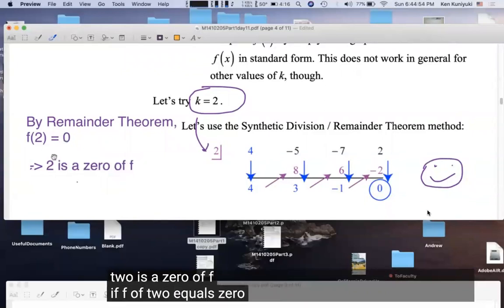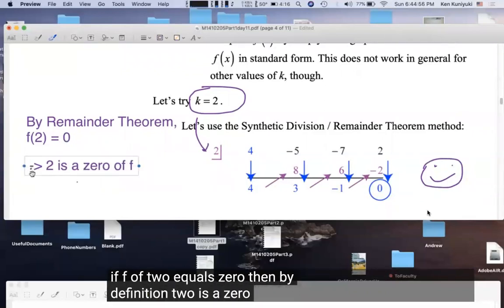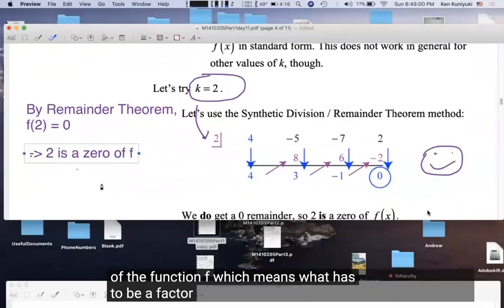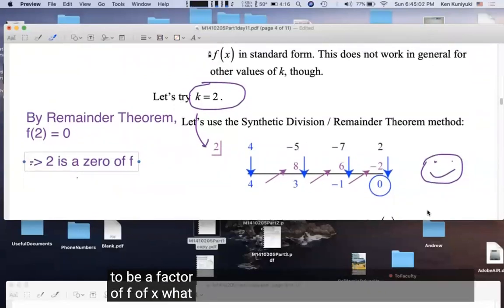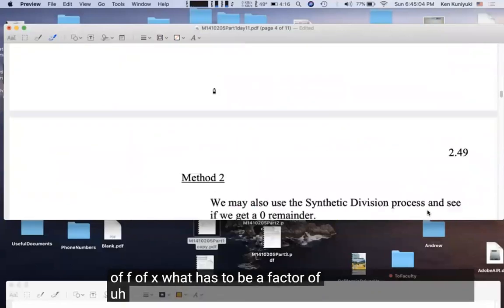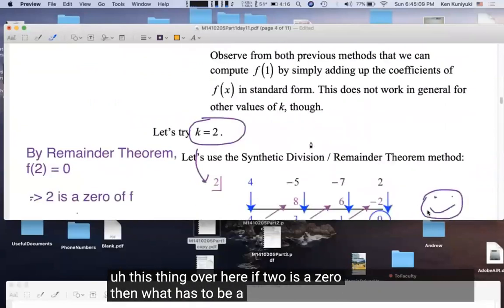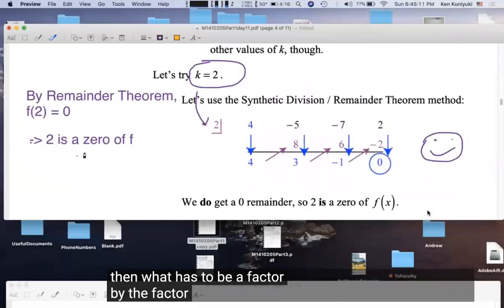If f of 2 equals 0, then by definition, 2 is a 0 of the function f. Which means what has to be a factor of f of x? If 2 is a 0, then what has to be a factor by the factor theorem?